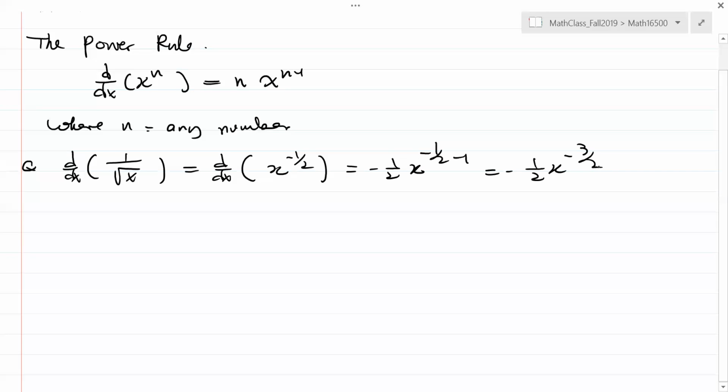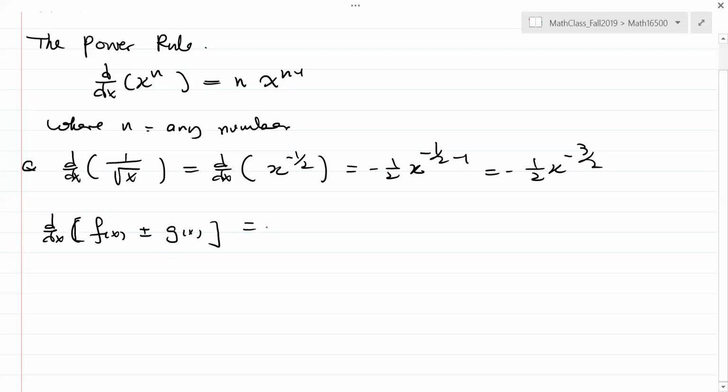Well, if the function is a sum of power functions, how can we find the derivatives? We need the following formula. It's easy to prove. This is another formula, the derivative of f of x plus or minus g of x.